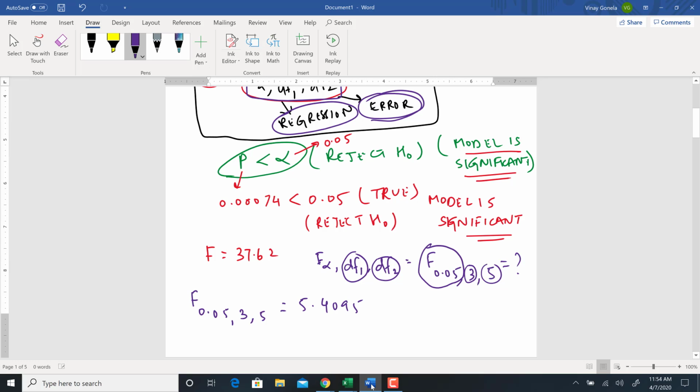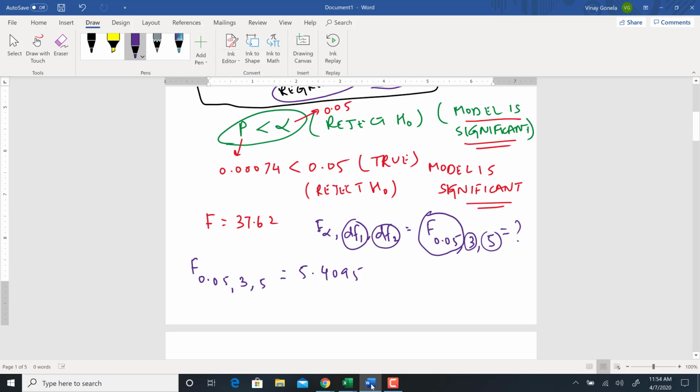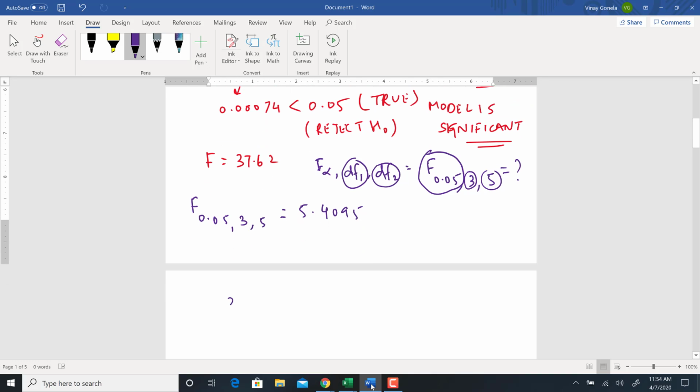Again, F greater than F alpha: F is 37.62. Is it greater than 5.4095? This is a true statement, so you reject H null.